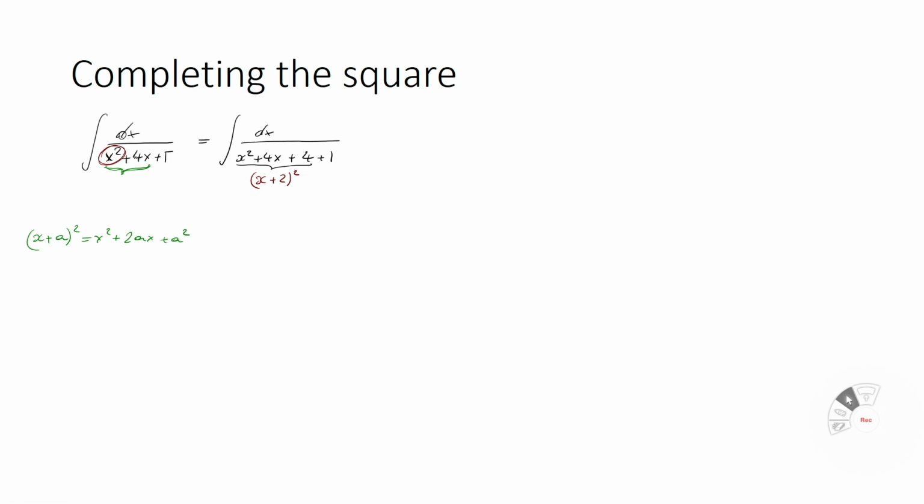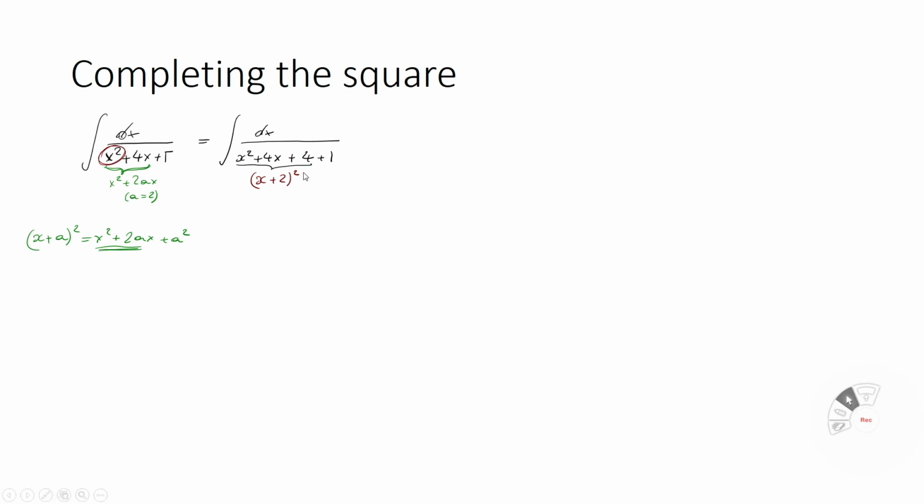So the first two terms here give you the first two terms in the square, and then you have to adjust a for what the coefficients are and what you have. So this is typically x squared plus 2ax, and in this case a is 2. So we know, okay, we need to add an a squared of 4.